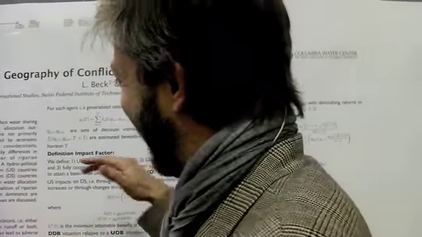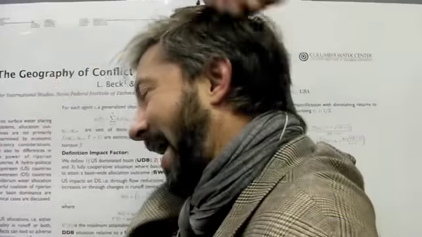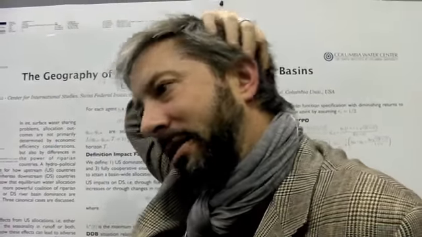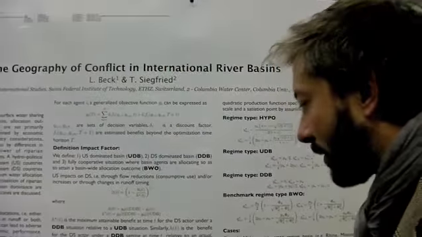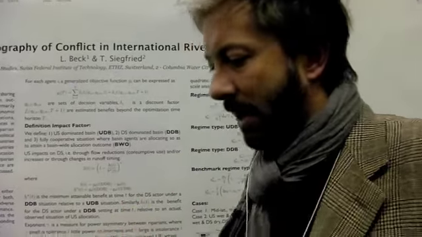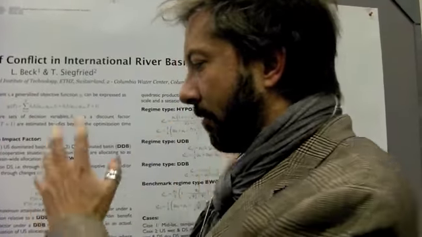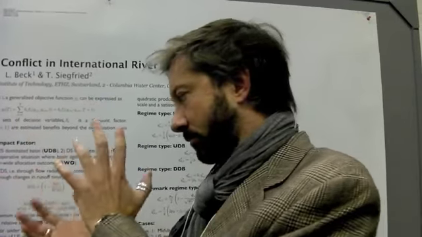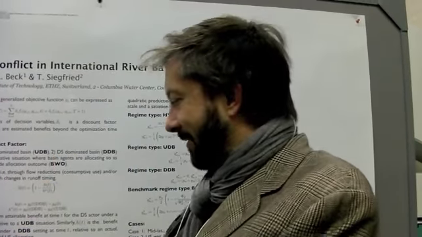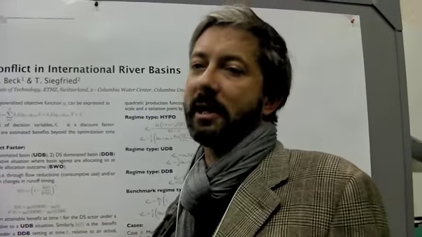Okay. So what we did is we created a model of political conflict, hydropolitical conflict. And what that entails is that we presume that the riparian states solve a joint optimization problem.